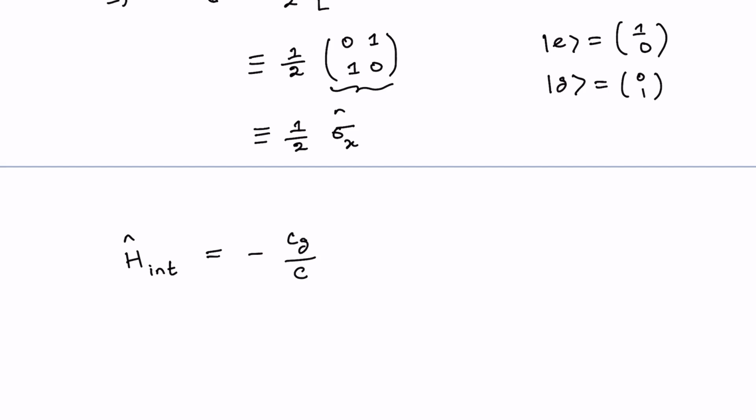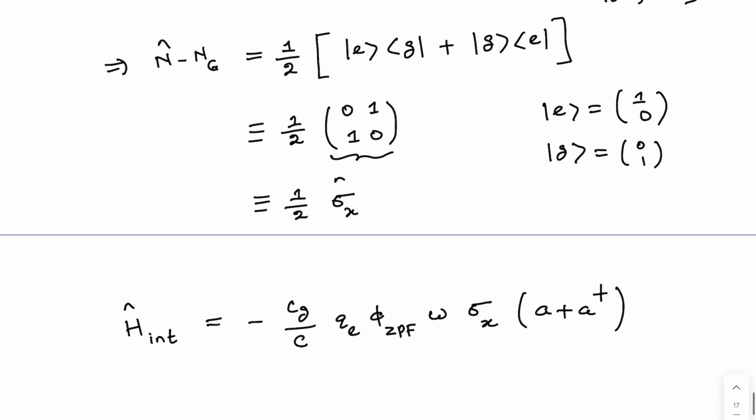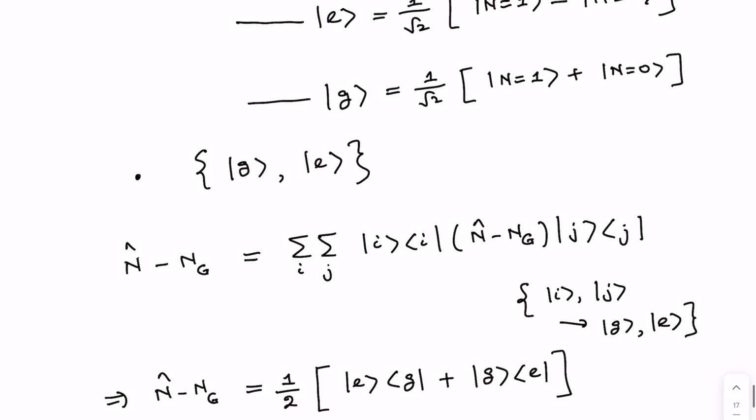Now we are having a two-level system, okay? e, zero-point fluctuation of the magnetic flux, omega, sigma x (A plus A dagger), and we are focusing only on a single mode radiation of the microwave having frequency omega.